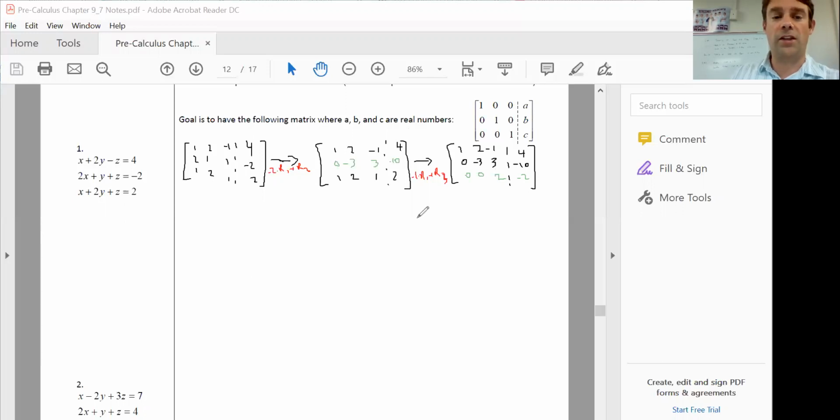Now I'm going to go to the second column. So I'm going to start off by multiplying my second row by 1/3 and replace it. So we won't touch that first row again.